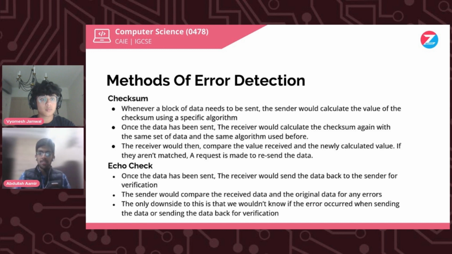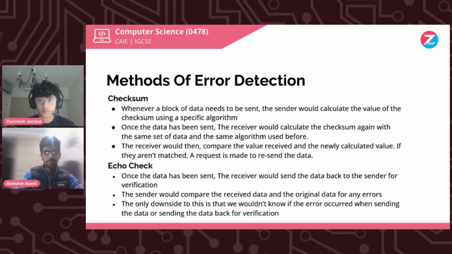When the data is sent, the checksum is also sent alongside it to the receiver, and when the receiver gets the data, it calculates the checksum of the value too. If those two checksums match, then the sender is told that the data is correct. However, if they are not equal, this means that the data is not correct, and the sender is asked to resend the data.